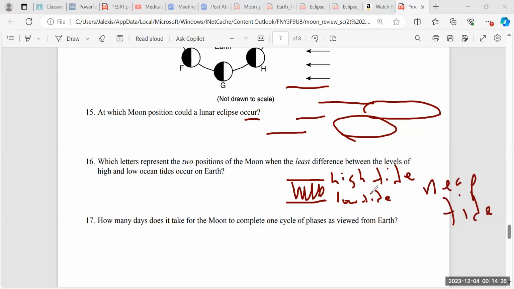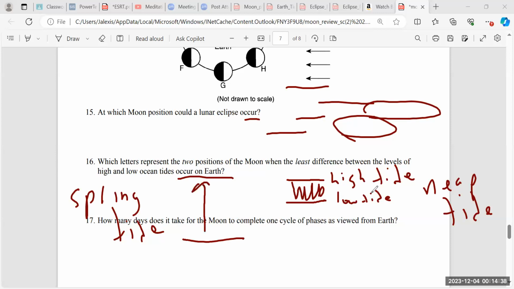If we were talking about a spring tide, for example, your high tides are going to be very high, your low tides are going to be very low. As you can see, there's a big difference of a spring tide in range compared to a neap tide. Neap tide is what we're looking for. Neap tides have the least difference between the levels of high and low ocean tides.